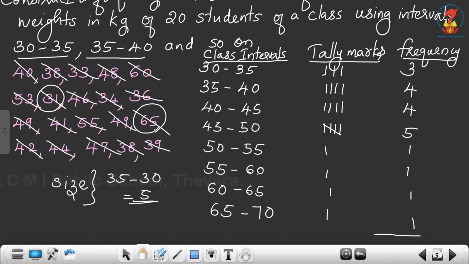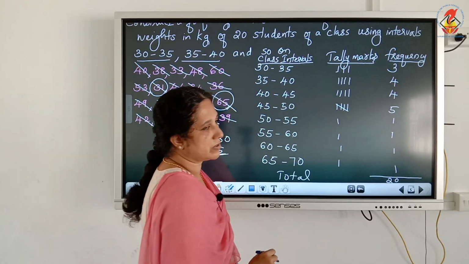Adding them: 2, 3, 4, 5 plus 4 is 9, 9 plus 4 is 13, 13 plus 4 is 17, plus 3 is 20. So the total is equal to 20.